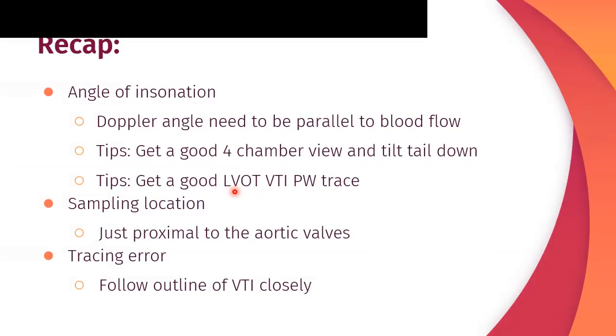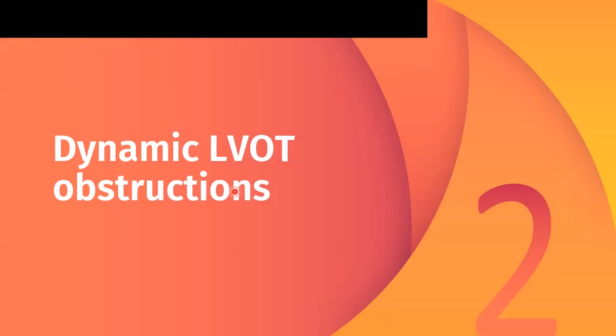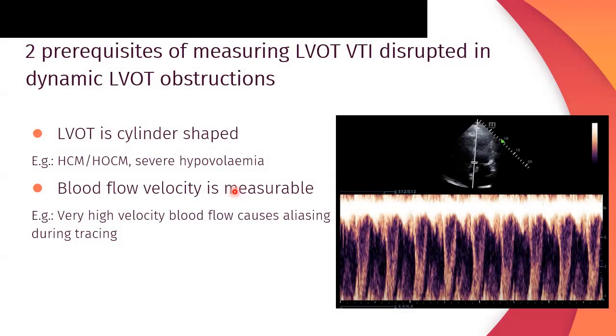Okay. Now, pitfalls number 2. Even if we get a good VTI, the two important things to make sure that our VTI can be used to calculate our stroke volume are these. Number 1, the LVOT needs to be cylinder shaped. If we have a dynamic LVOT obstruction, or in hyperdynamic cardiac contractility, you have anterior mitral movement, so you don't have an actual cylinder, right?